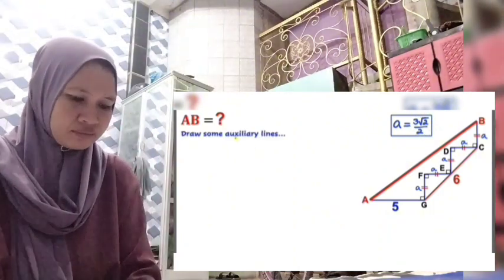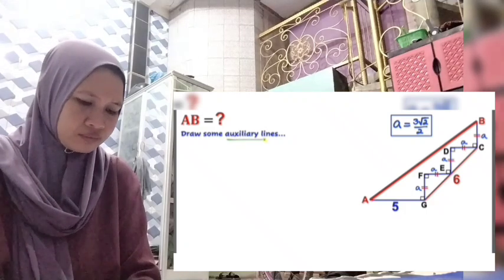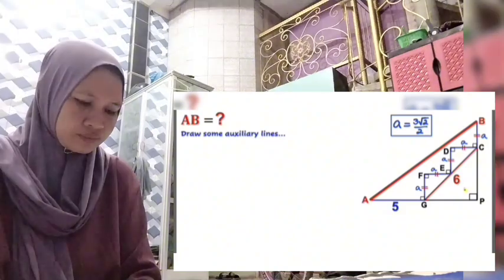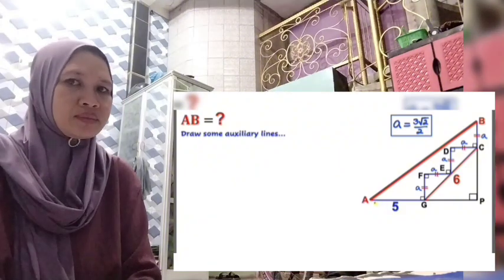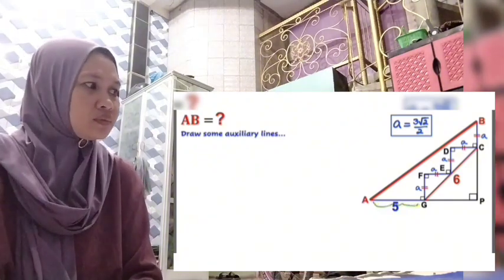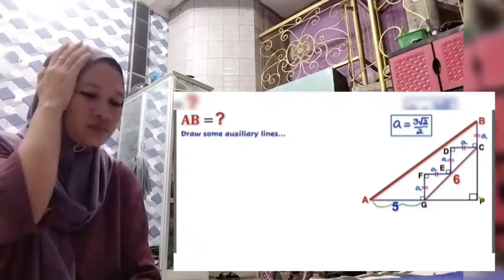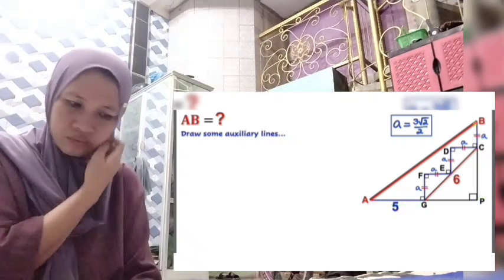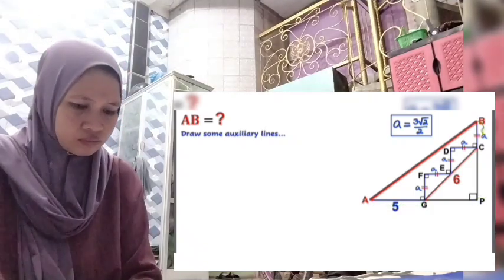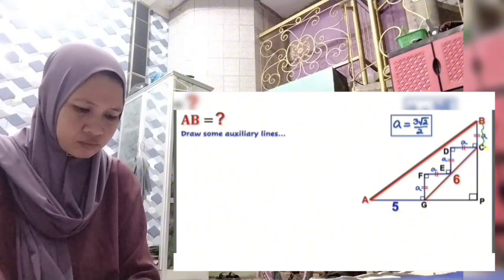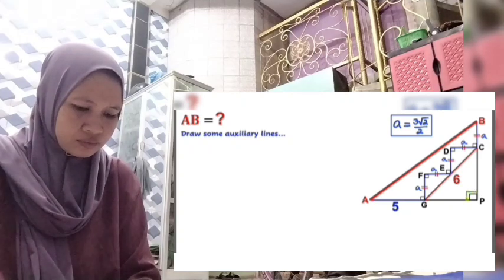And now we are going to draw some auxiliary lines to make our job simpler. As you can see in this next step, I have extended this horizontal line AG all the way to this point P. And likewise I have extended this perpendicular line BC all the way to point P as well, such that this angle is a 90-degree angle.